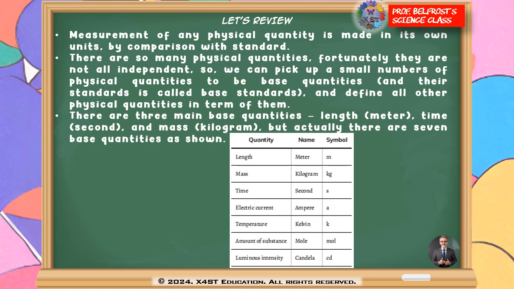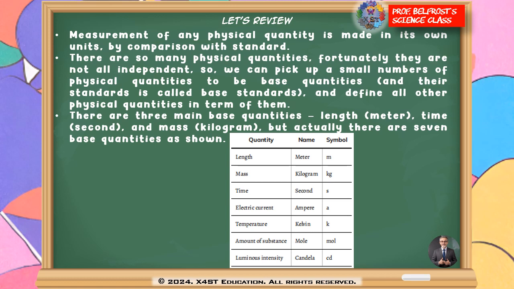Then there are so many physical quantities, right? Fortunately, they are not all independent, so we can just pick a small number of physical quantities to be base quantities and standards called base standards, and define all other physical quantities in terms of those.